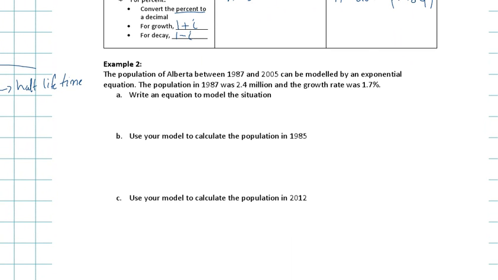Now, in this case, they're giving us a year that we're going to say is our initial year, okay? So when they give us years, it's a bit tricky, because we're going to have to say that 1987 is my initial year.